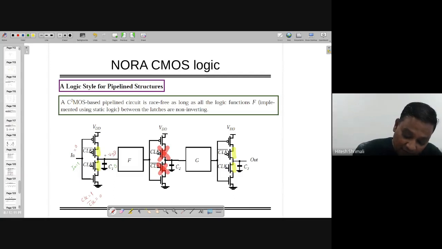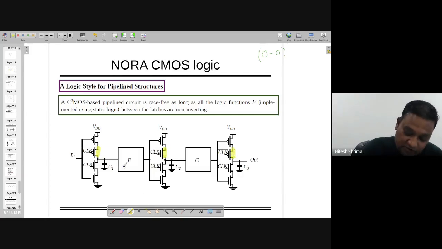Now, the problem occurs over here. Okay, no, in this case, not a problem. But the problem occurs when clock and clock bar have overlap, because that is the reason why we have implemented the C-square MOS latch. So let's assume that there is 0-0 overlap, meaning clock bar also equal to 0 and clock also equal to 0.